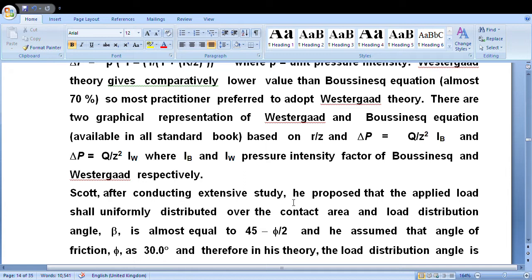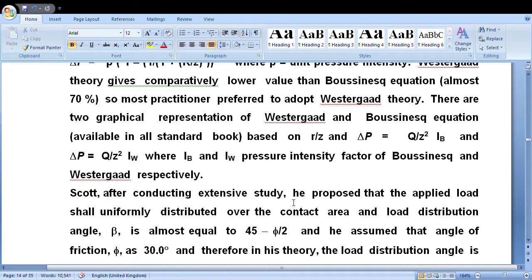In most of the standard textbooks also, our former professor Dr. Bharat Singh and my friend Dr. B.G. Rao did some studies on these factors.